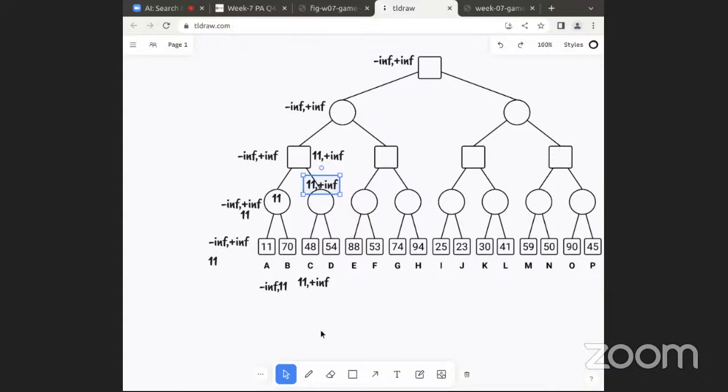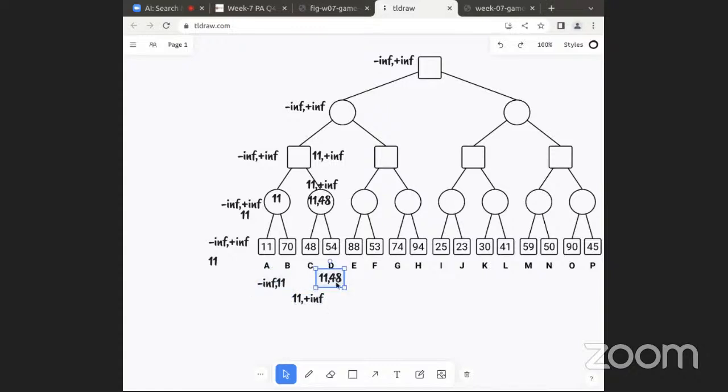That becomes 48. This becomes 48. Okay. Now this gets passed on to B value. Am I correct so far?